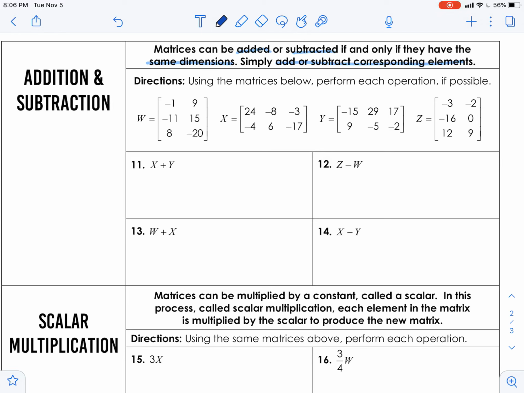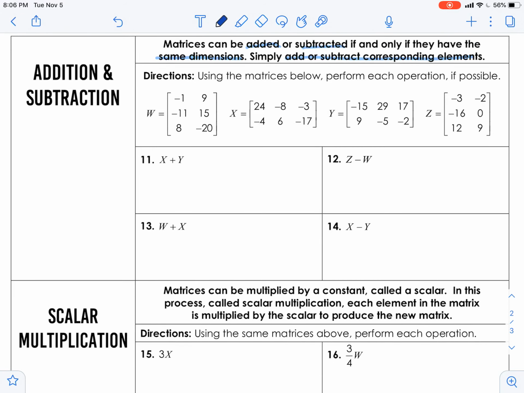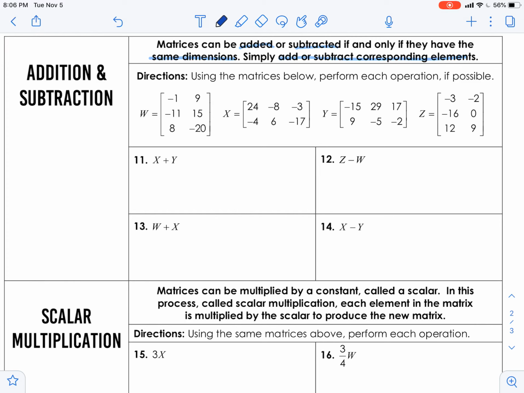Let's just go ahead and take W through Z there, and let's find their dimensions. So, just reviewing dimensions, tell me what is the size of W. Okay, and hopefully you said a 3 by 2.